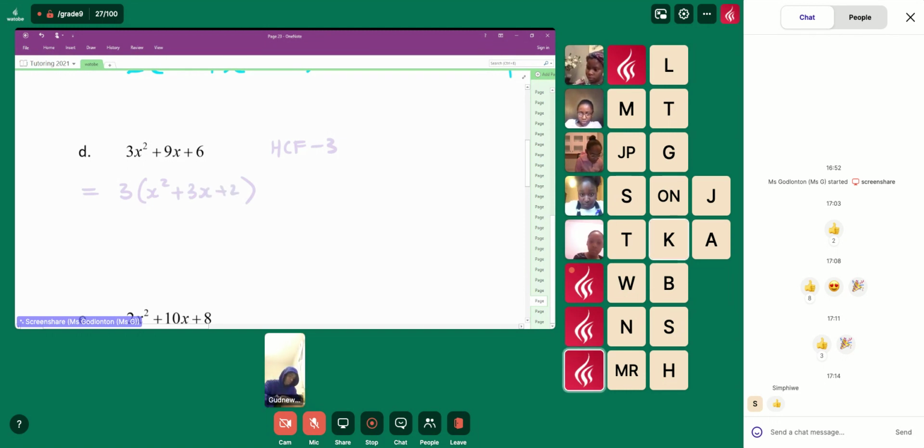Excellent. Beautiful. Now we need to work with our factors of 2, and the only factor pair we have is 2 and 1. What signs will have to go in front of them to give me +3? Plus. Good. So now can you tell me what's going to be in these brackets?